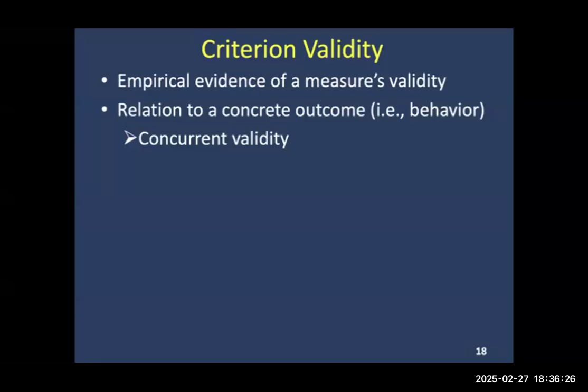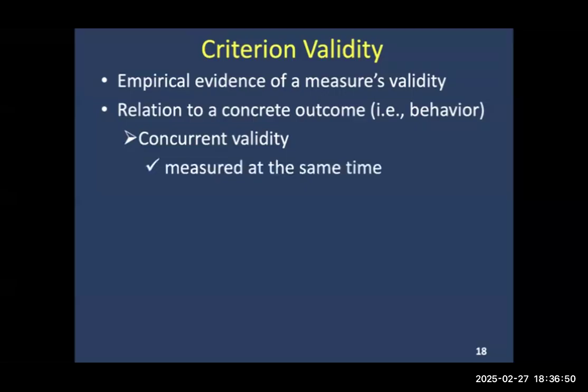If there's a high correlation between the scores of the old IQ test and the new one, then I have really strong evidence that my new measure of IQ is legitimate, that it's actually measuring IQ as well or better as the old IQ test. So concurrent validity, the key there is that it's happening at the same time in the same setting.